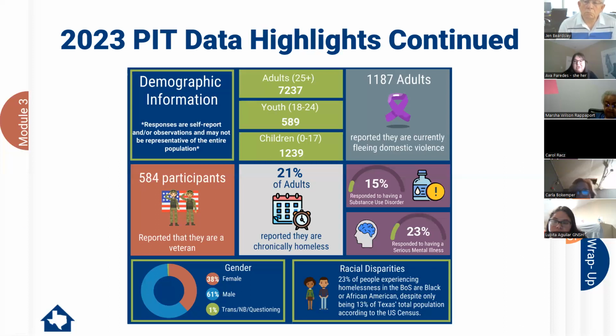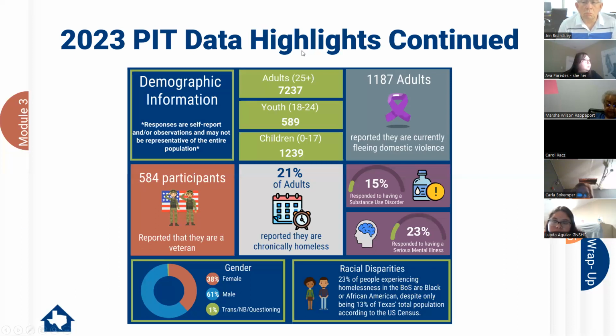Under HUD's definition, we couldn't count those people because they would technically be considered housed, or maybe housing insecure, if that makes sense. Have you heard that term before, housing insecure? Yes, sure. That is not under HUD's definition of homelessness. So those 600 plus people might not have fit that particular definition.